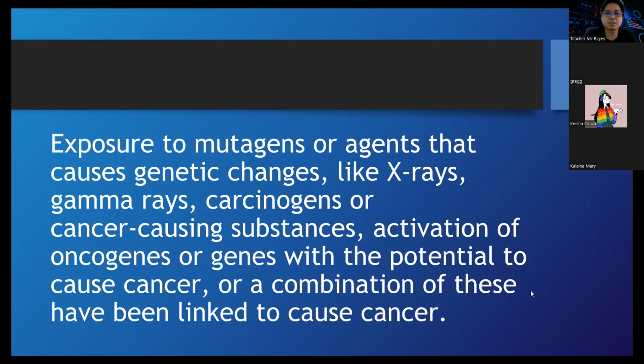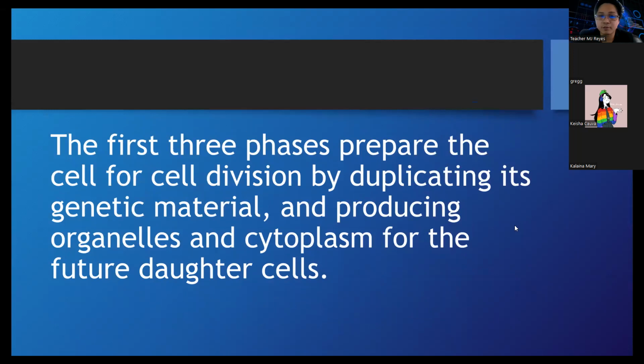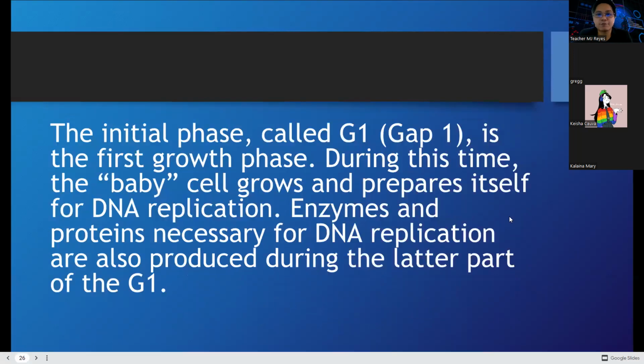The first three phases prepare the cell for cell division by duplicating its genetic material and producing organelles and cytoplasm for the future daughter cells. That is actually in preparation. The initial phase, which is G1 or Gap 1, is the first growth phase.